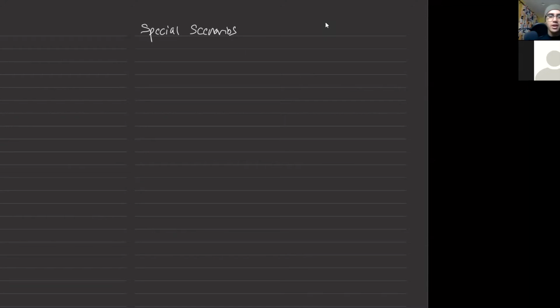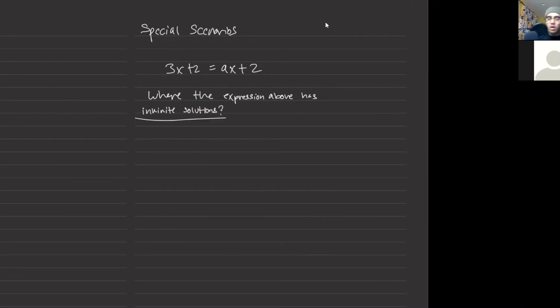Special scenarios. The College Board is going to give you an expression where a variable is unknown. They're going to give you an unknown constant, and then some extra content with that. For example, 3x plus 2 is equal to ax plus 2, where the expression above has infinite solutions.